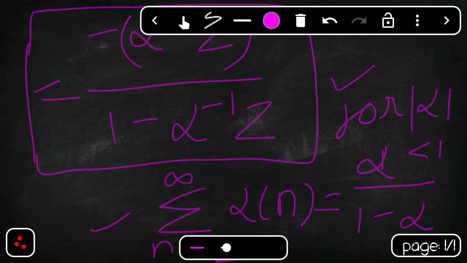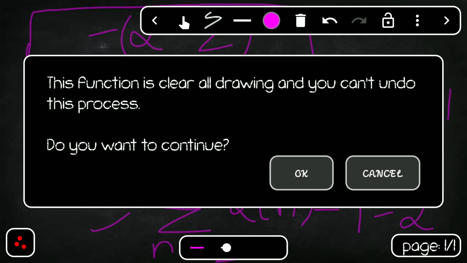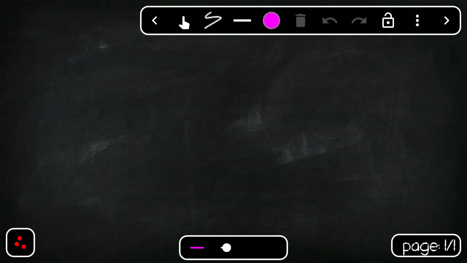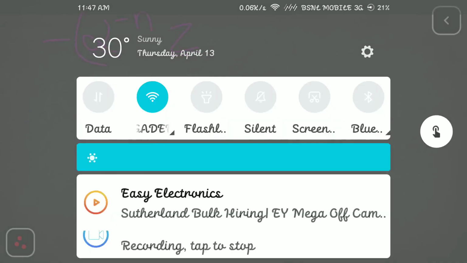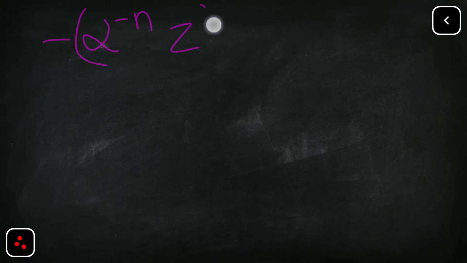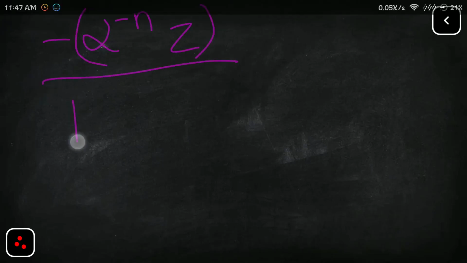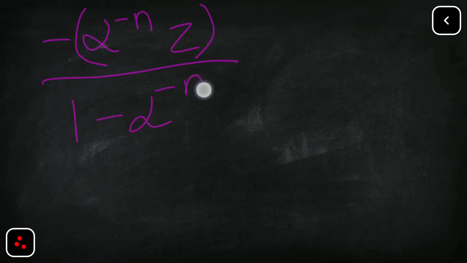So there you had to do more and more steps. Now I got that particular step, so I'll write that step again. See here, I got my resultant as minus alpha to the power of minus n into z, divided by 1 minus alpha to the power of minus n into z.